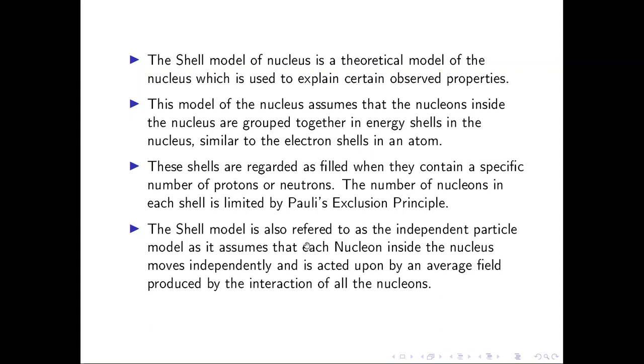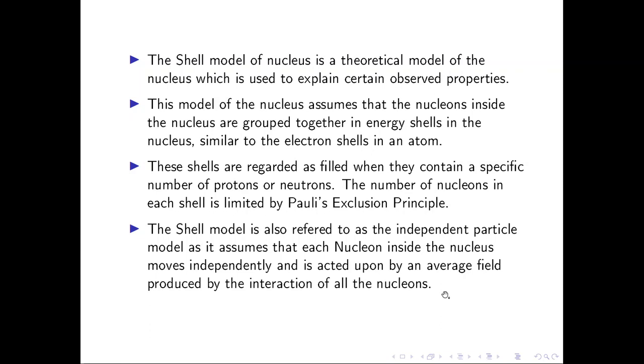The shell model is also referred to as the independent particle model, as it assumes that each nucleon inside the nucleus moves independently and is acted upon by an average field produced by the interaction of all the nucleons. So this is again inspired by the electronic shell structure.